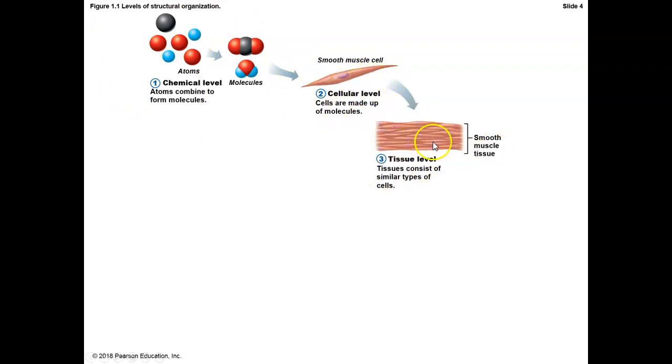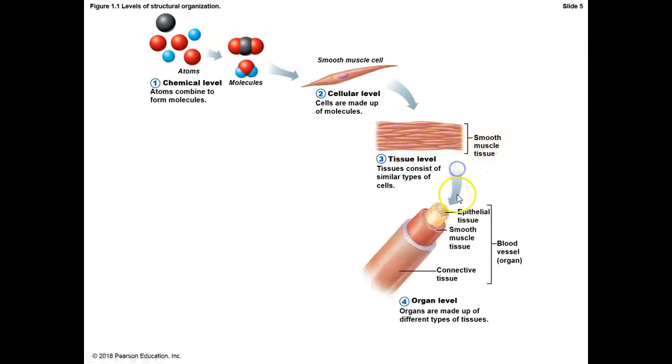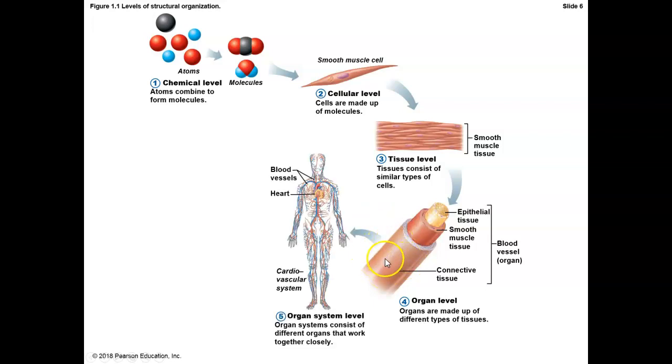Cells of the same type form tissues, and tissues come together and form organs. So we have epithelial tissue, muscle tissue, and connective tissue all coming together. Organs come together and form organ systems.